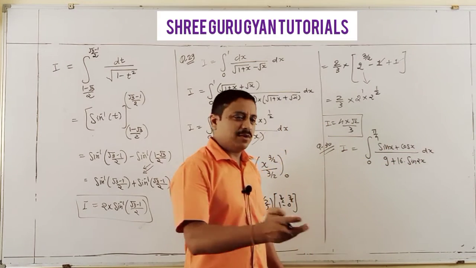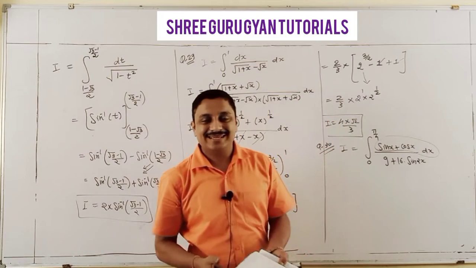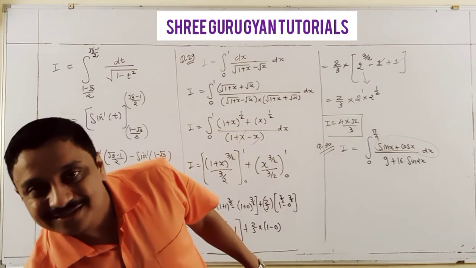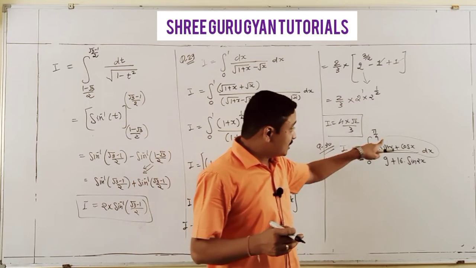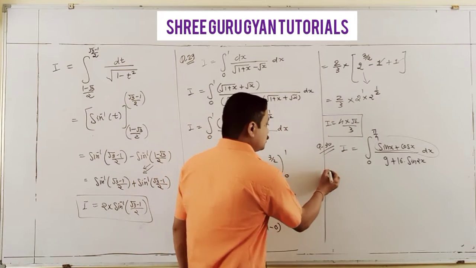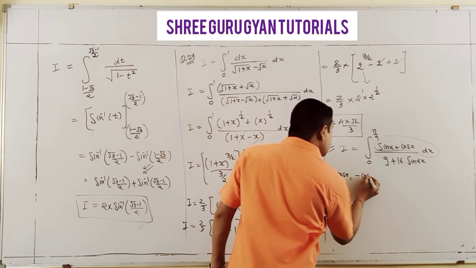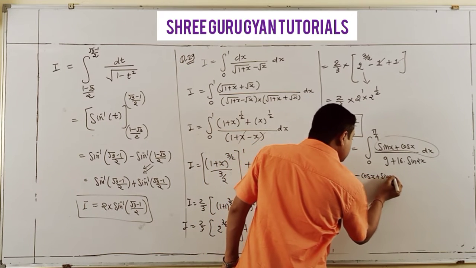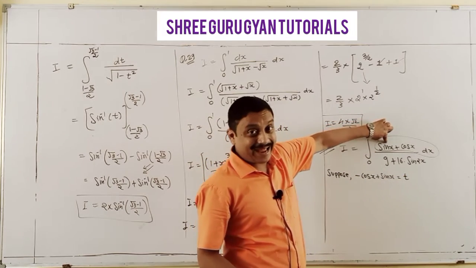Same as I asked about that thing, which derivative is this? Yes students, which derivative is this? So minus cos, and the derivative of cos is sin. So here I take a substitution. Suppose minus cos plus sin is t, because this is its derivative.